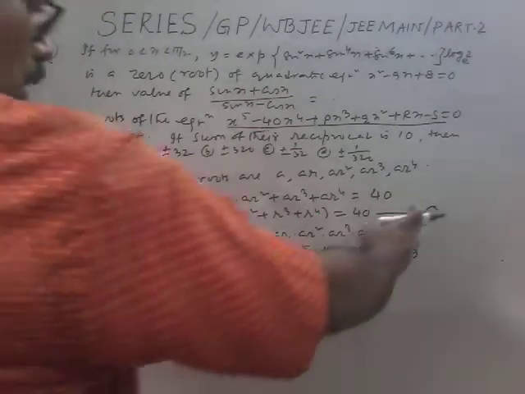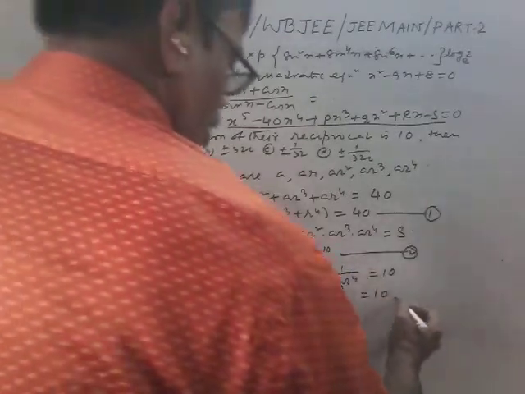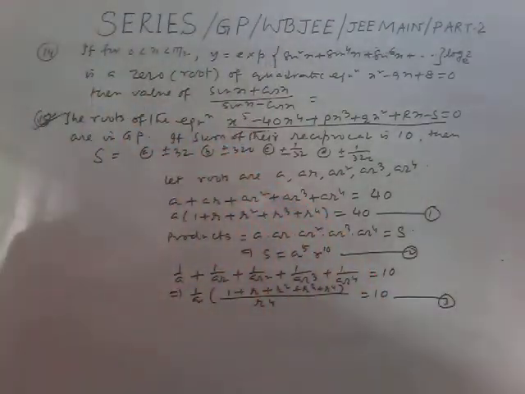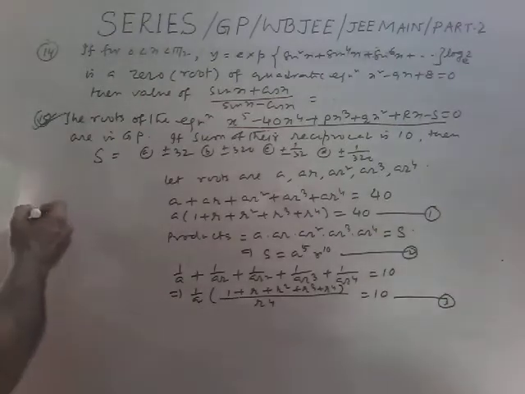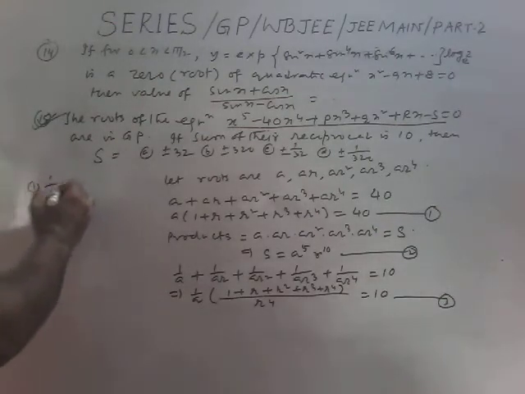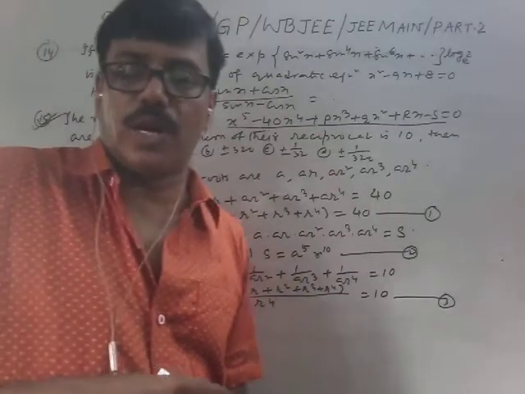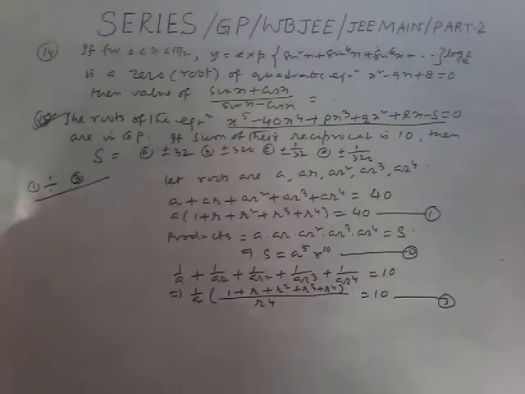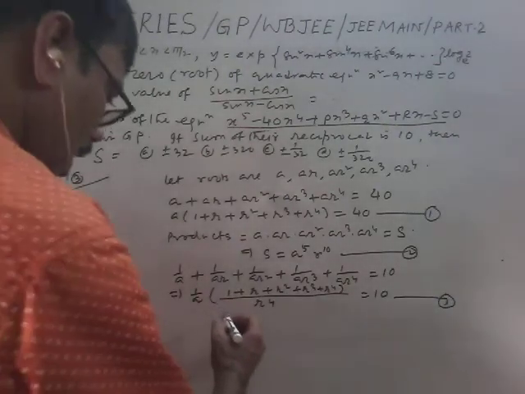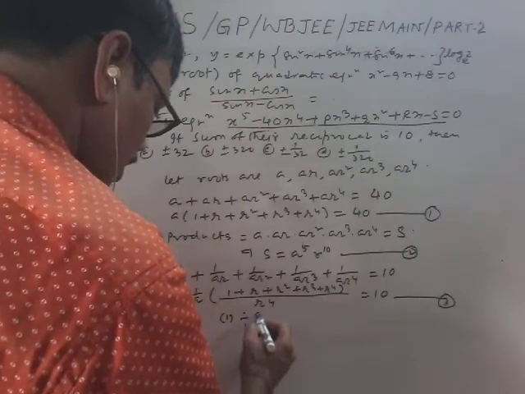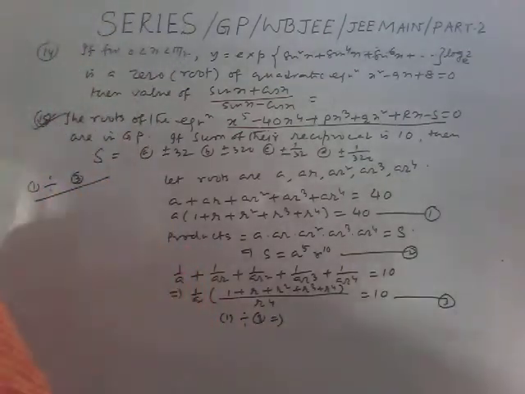So this is equation 1, this is equation 3. Now divide 1 by 3. If we divide 1 by 3, so what are we getting?